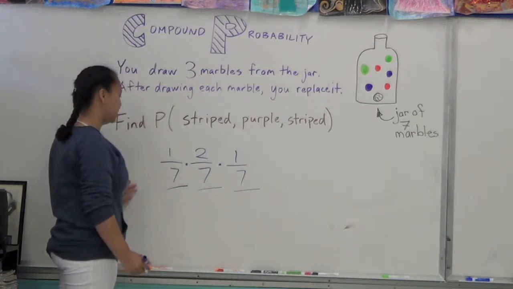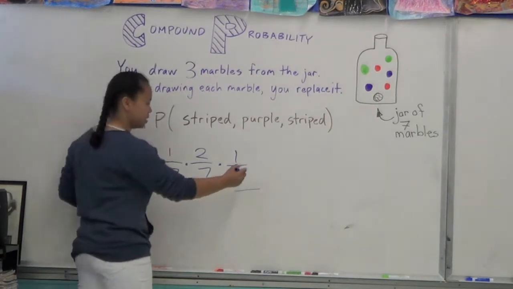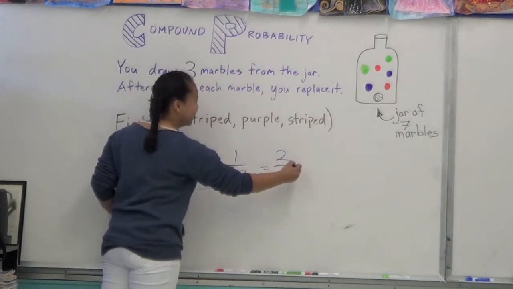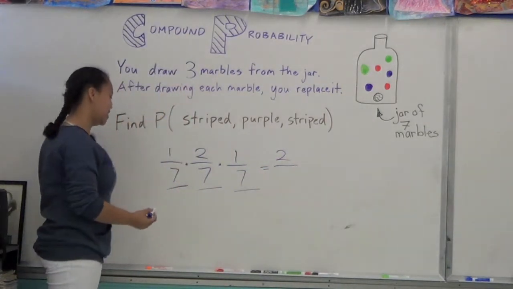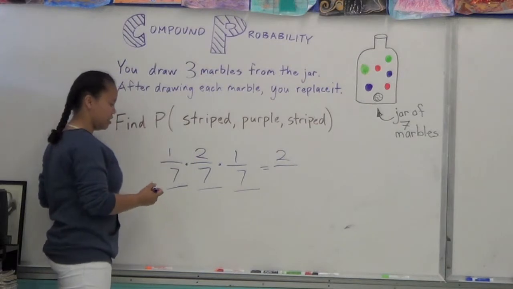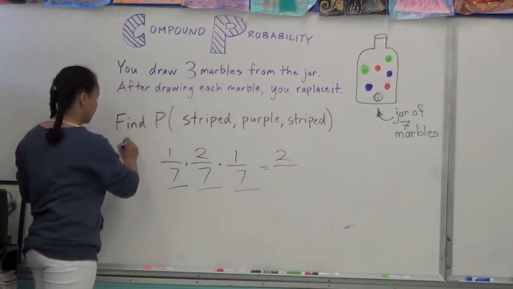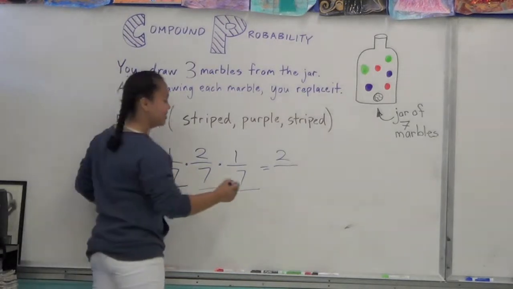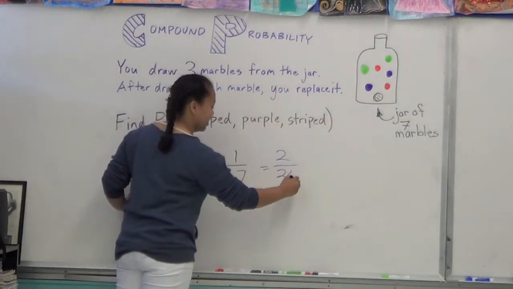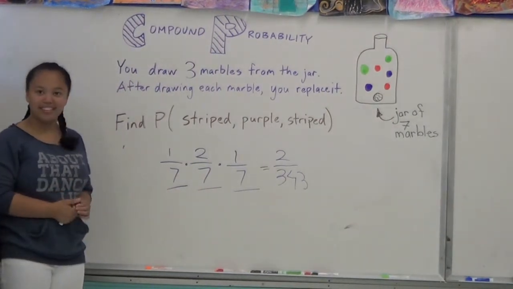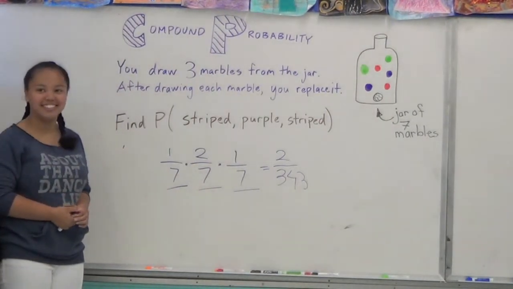And 1 times 2 times 1 is 2. And 7 times 7 is 49. 49 times 7 is 343. And that cannot be simplified. So what is your answer?